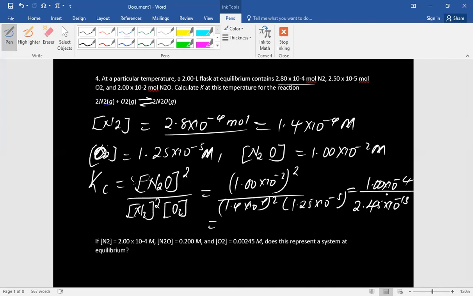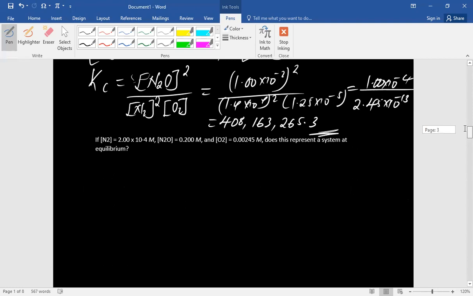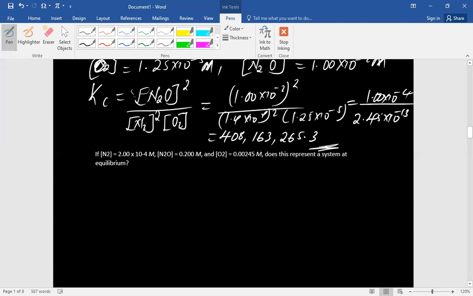What is it going to give us? It's going to give us 408,163,265.3. It's dimensionless, so there are no units.